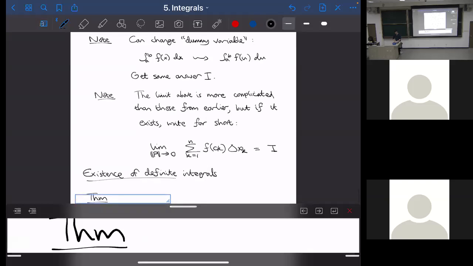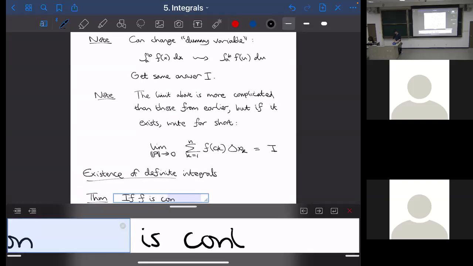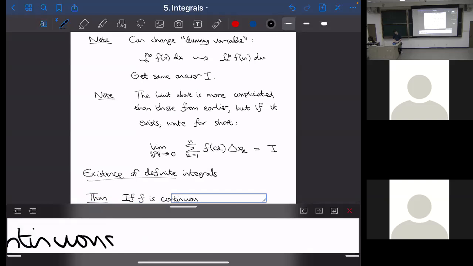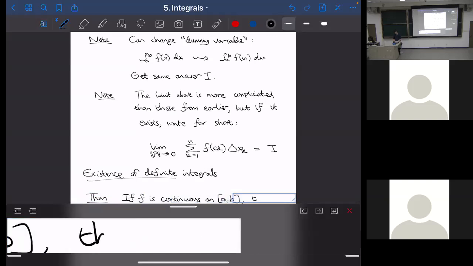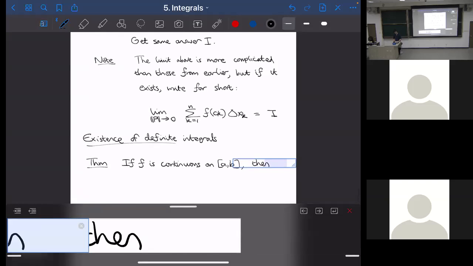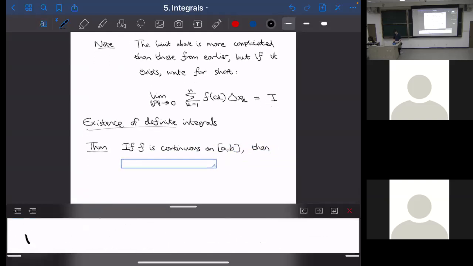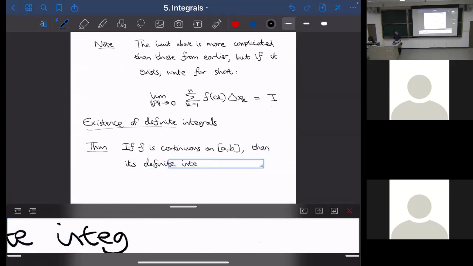We won't give the proof, but if f is continuous on [a, b], then its definite integral exists.